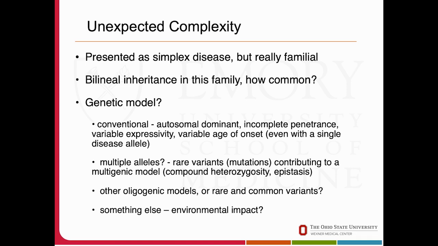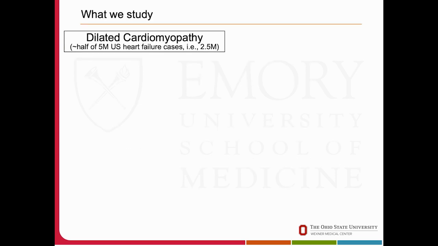Of course, then there's something else, the environmental impact, and in general, we have not done a good job at really collecting environmental data. That's not completely true, but we haven't really integrated it in. Of course, it's a very exciting area, and I really won't touch on that. This is chemotherapy and alcohol and other things like that that clearly affect heart function.